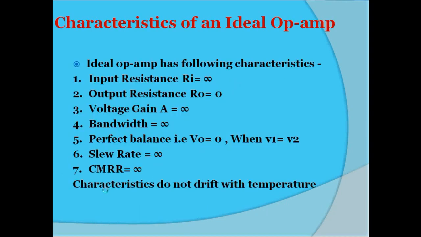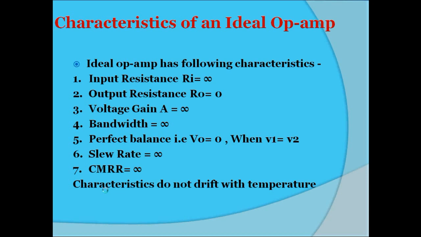There are some characteristics that are exhibited by the ideal operational amplifier. The operational amplifier will have infinite voltage gain, that is, ideally A is equal to infinity. Infinite input resistance, Ri is infinity, so that almost any signal source can drive it and there is no loading of the preceding stages.